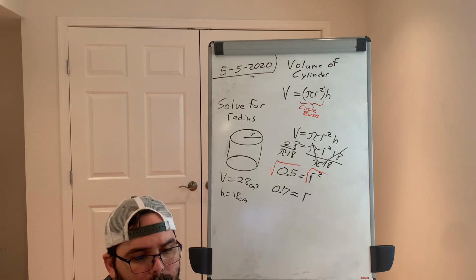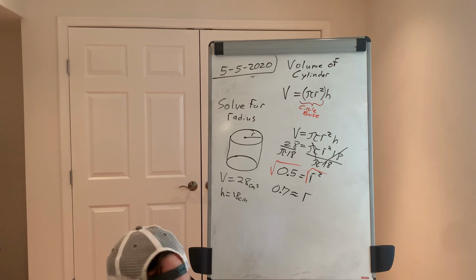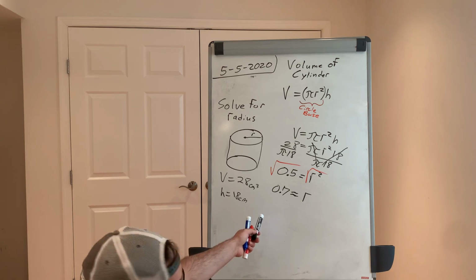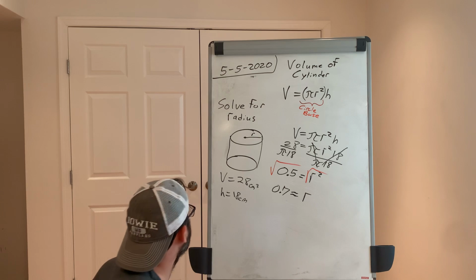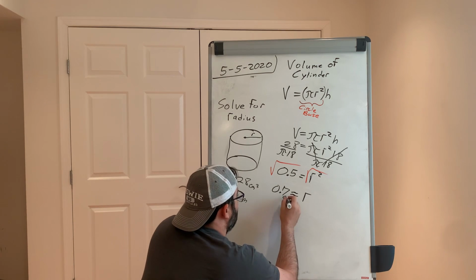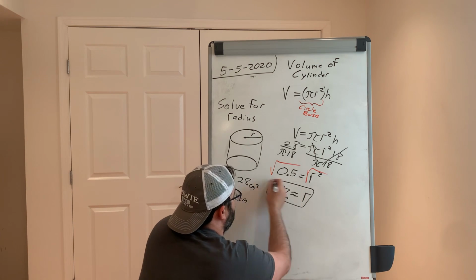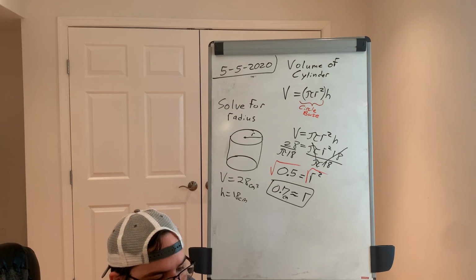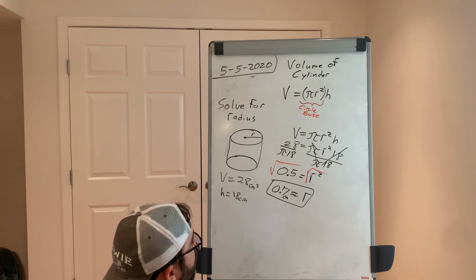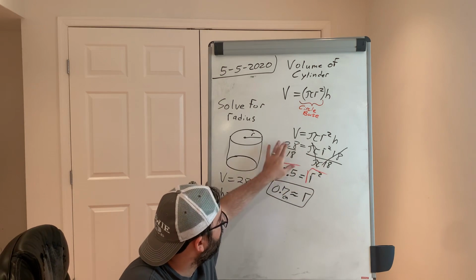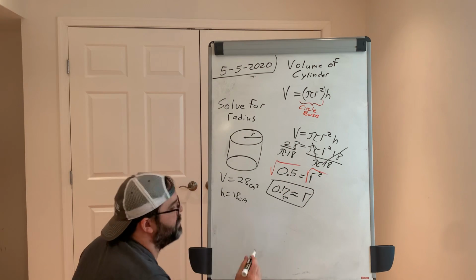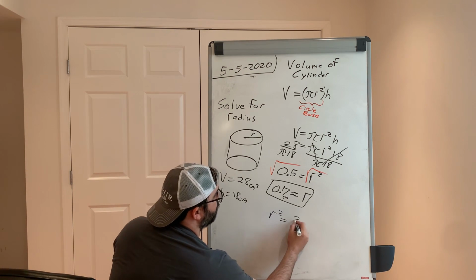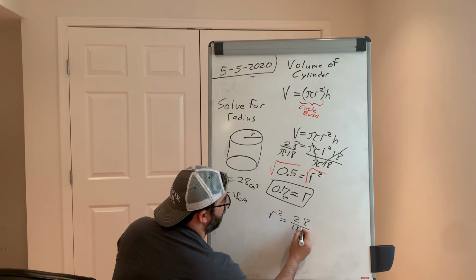Now, what if the question said, so the radius is 0.7 centimeters. What if they didn't want us to round? What if they wanted an exact answer left in terms of pi? Well, I would have gone back up here to when I had all this, and I would have just said that r squared equals 28 over 18 pi, right?